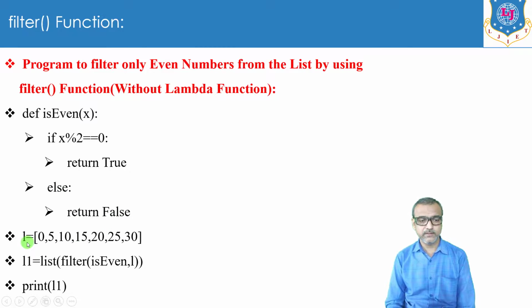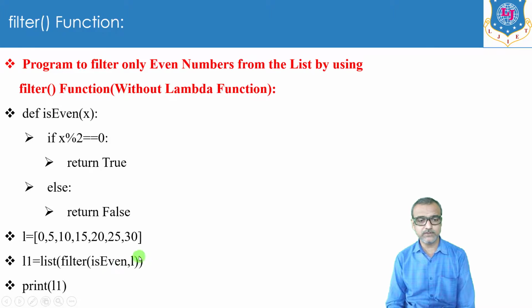Now in the list L we have these elements. Now L1 equals list of filter is even comma L. Here we are applying filter function. Now we are using is even function as function argument, and we are checking for even numbers in is even function.